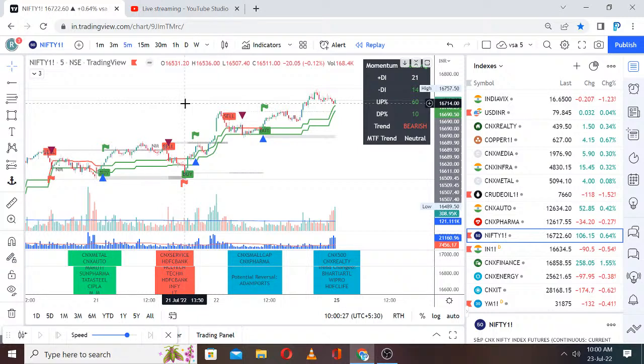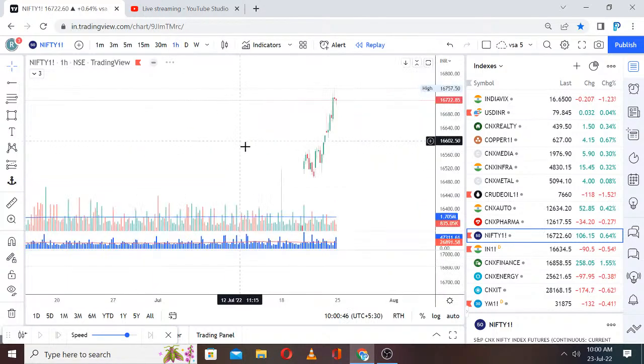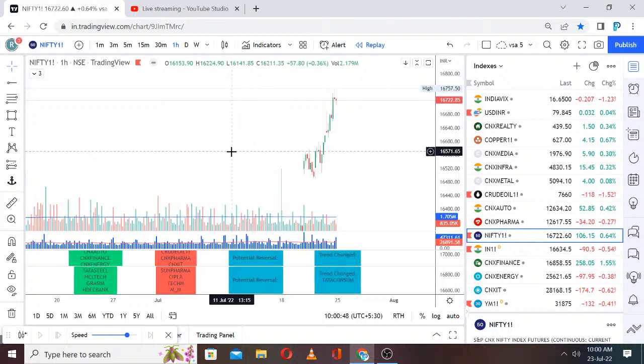You can create an alert for each and every stock. I think they allow for around 400 alerts. I think this swing trading is clear. If you have any questions, you can ask.